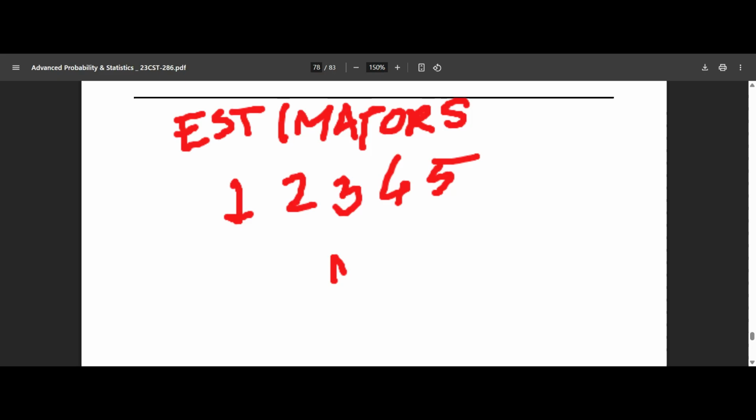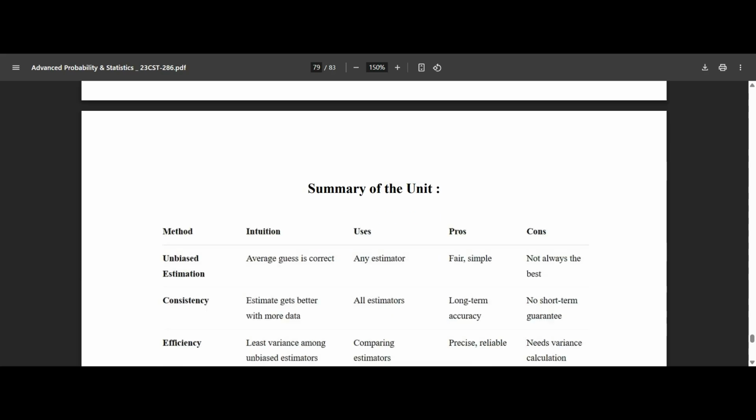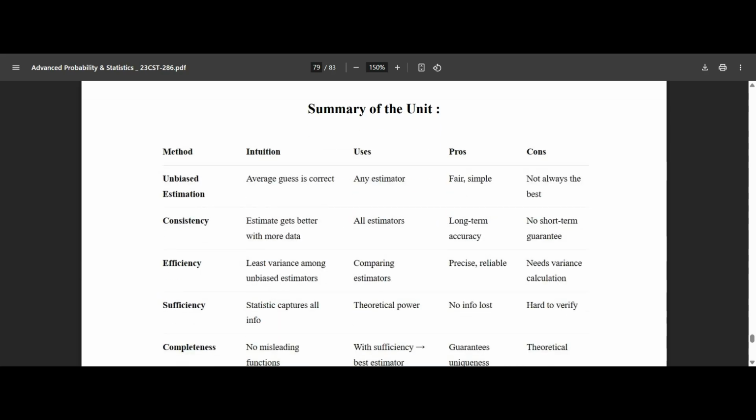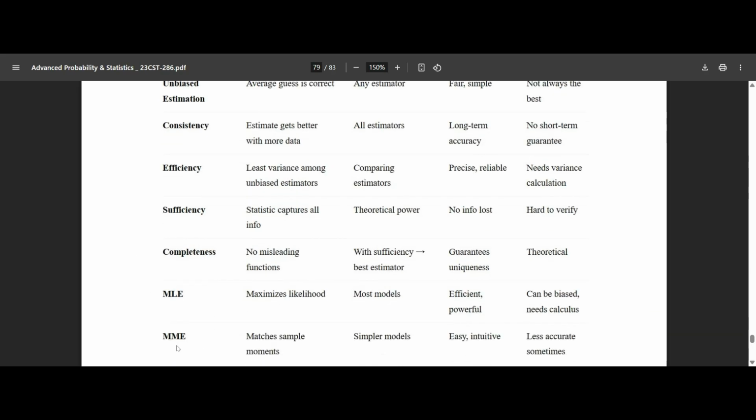Then we learned about maximum likelihood estimation and method of moments estimation. So these are all the topics which you need to remember for unit 3, that is sampling and estimation. I have given a summary of the third unit: unbiased estimation, consistency, efficiency, sufficiency, completeness, MLE and MME.